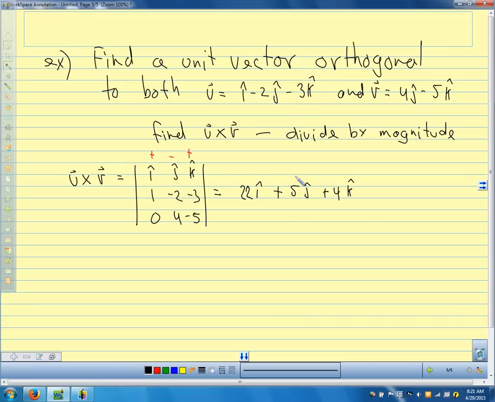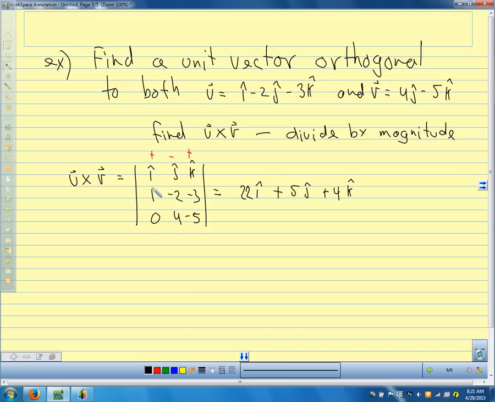What tells us when two vectors are orthogonal? The dot product is 0. So if we did the dot product of this with this, we should get 0. And if we did the dot product of this with this, we should get 0. That's how we show the two vectors are orthogonal. Take the dot product, it should equal 0.